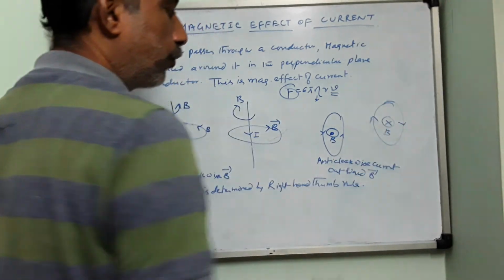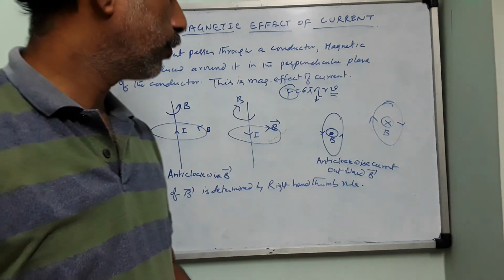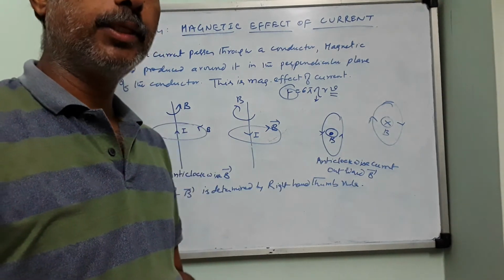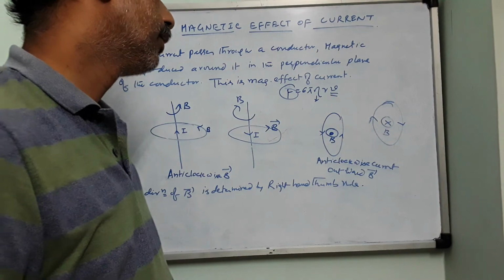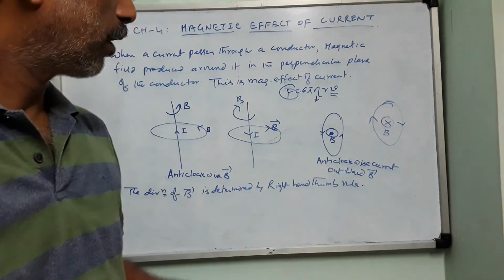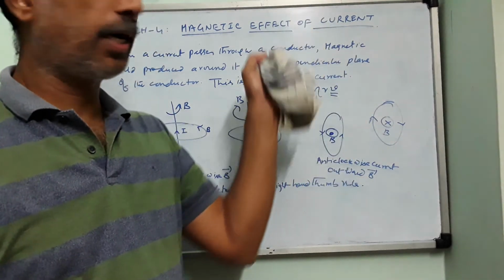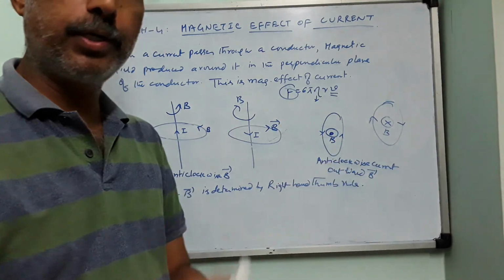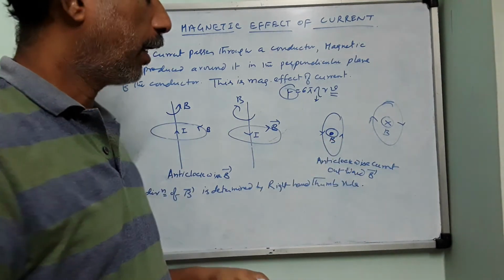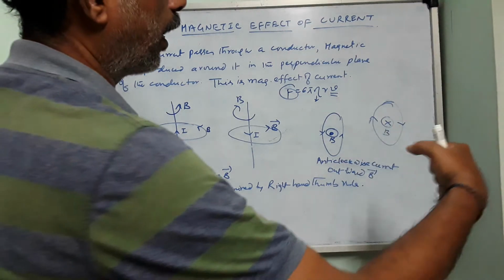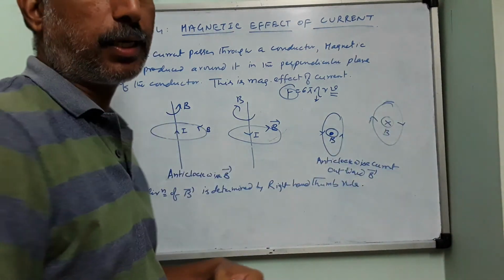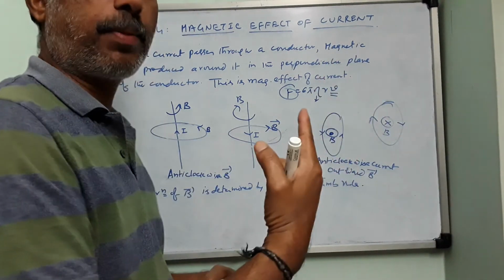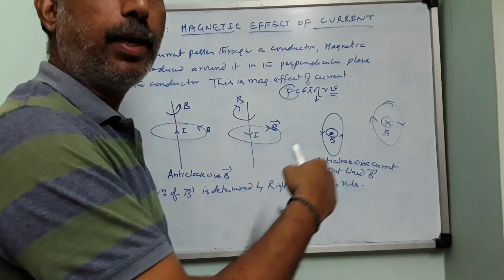So inside will be shown with a cross, outside will be shown with a dot, because these are the symbols of an arrow. When you shoot an arrow from that side of this wall, the arrow will come out. So it is coming out, you can see only the tip. And if you fire the arrow from this side, the arrow will go into the board, you can see the back side of the arrow. So coming out will be shown by a dot, going inside will be shown by a cross.